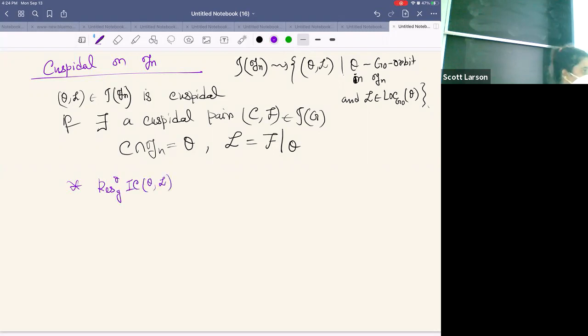Right, because that was the definition for cuspidal in the nilpotent setting.